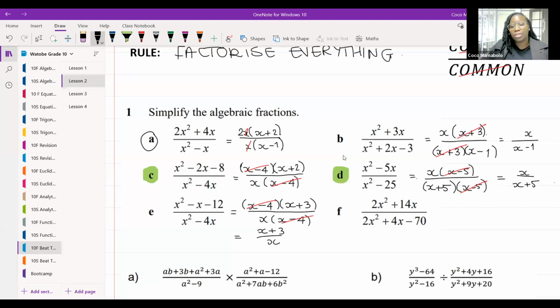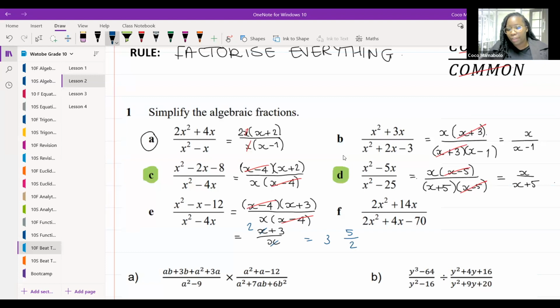Wonderful. All right. Anotita, this is why we don't cancel the x's. Because what if my x was equal to 2? If my x was equal to 2 and we cancel, you're telling me my answer is 3. But if x is equal to 2, then the top part is actually 5 and the bottom part is 2.